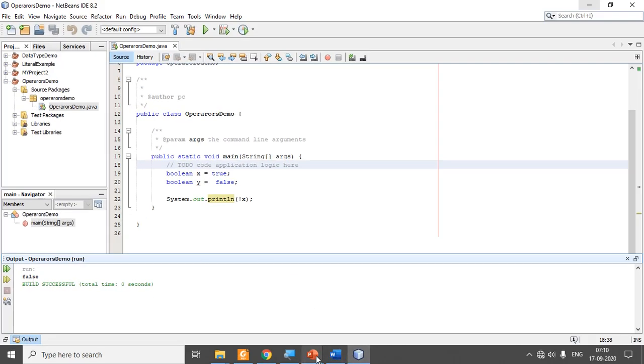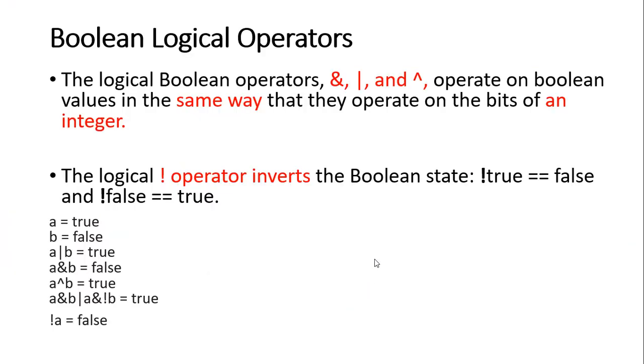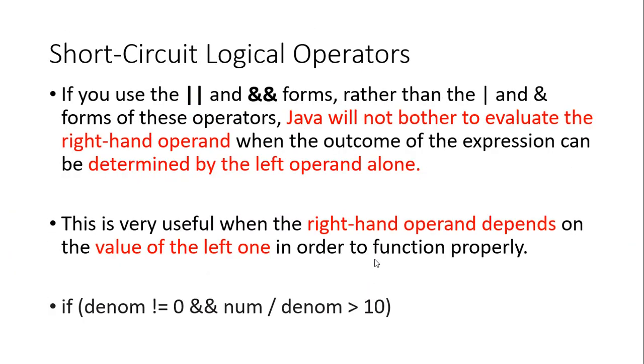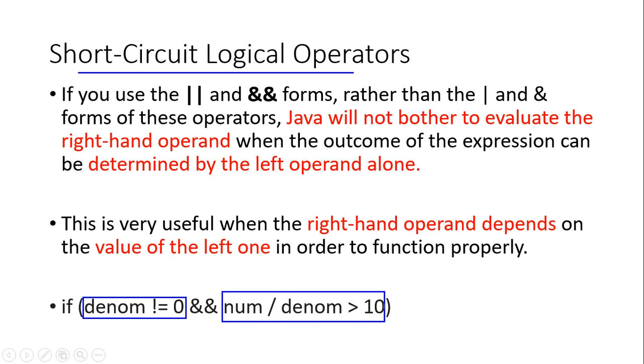Let's go ahead with the other type, and that is the short circuit. Now, short circuit logical operators are used when you don't want to evaluate the expression on the right hand side. What happens with the short circuit operator is, suppose you have two expressions and you want to evaluate the first expression first.